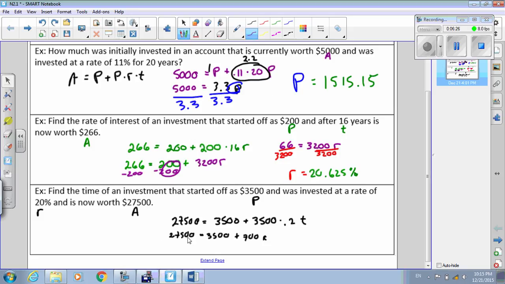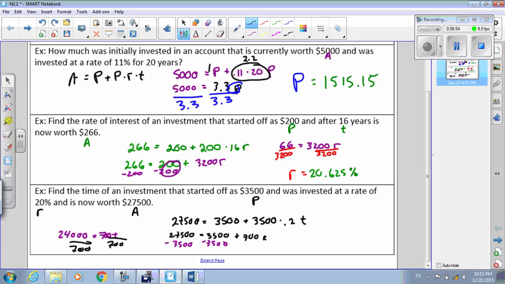I'll just do this minus that 3,500, which would give me 24,000 equals 700t. So to find my answer, I would just divide by 700 on each side of the equality.